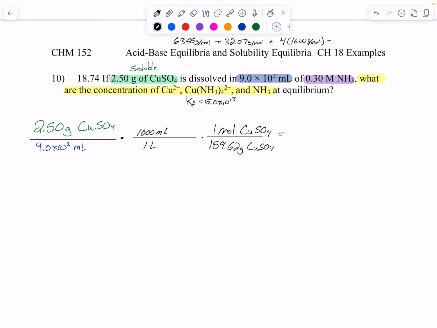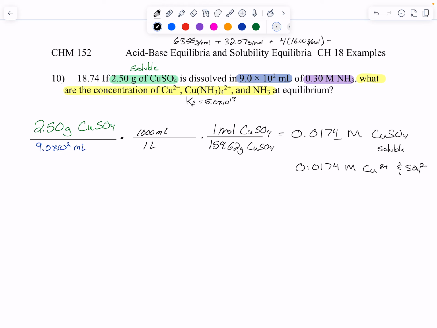I get 0.0174, which really, I have two sig figs, so the 4 is extra, just for rounding. Molar CuSO4. But since this is soluble, that means we have 0.0174 molar Cu2+ and SO4 2-.